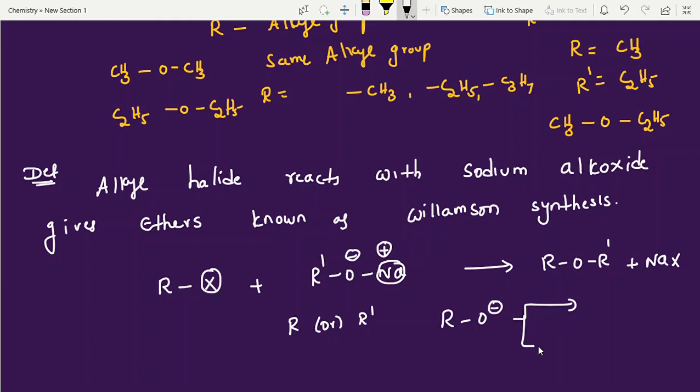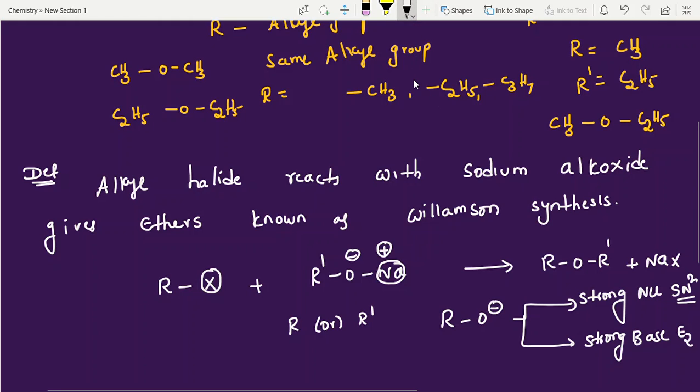RO minus is a strong nucleophile. If RO minus is a strong nucleophile, it favors the SN2 mechanism. If RO minus is a strong base, it favors the E2 mechanism. This is the most important point.